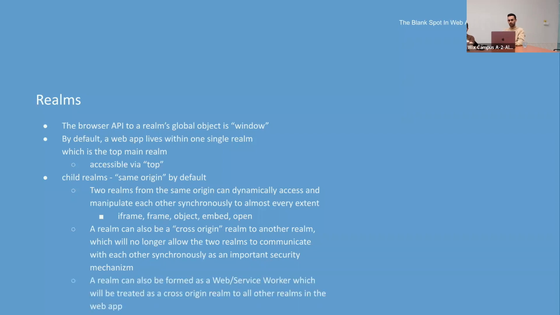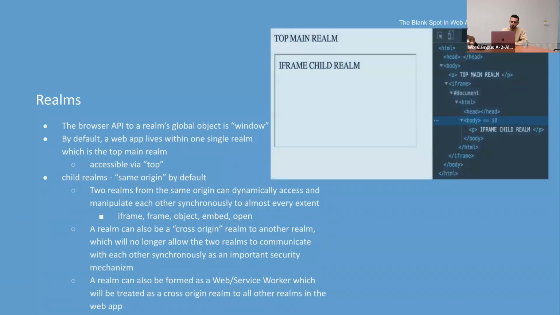A cross-origin realm can also be formed as a web or a service worker. Service workers and web workers have their own realms, and those realms are by definition cross-origin to all other realms in the application. This is just a very simple example of how you can think of realms in terms of HTML structure.